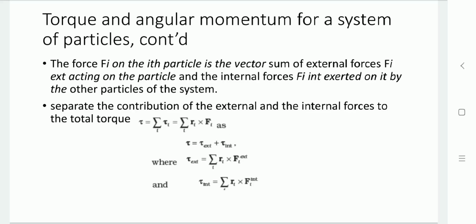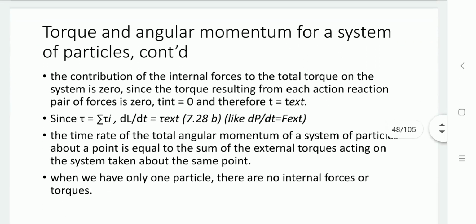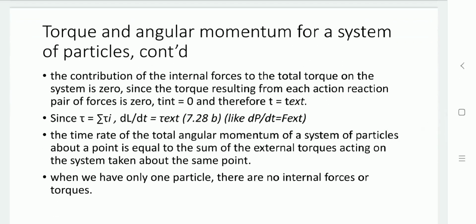Here the internal forces contribute a zero value to the total torque, as the torque resulting from each action and reaction pair is zero. So the internal torque value is 0. So the total torque is due to the external torque.